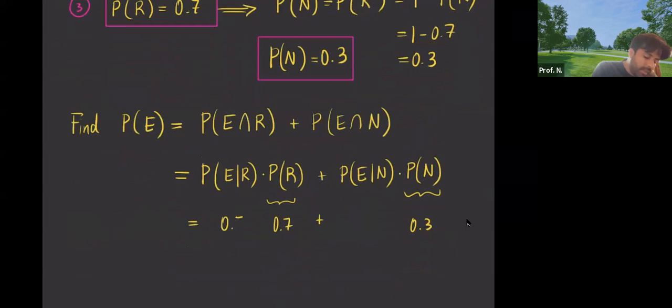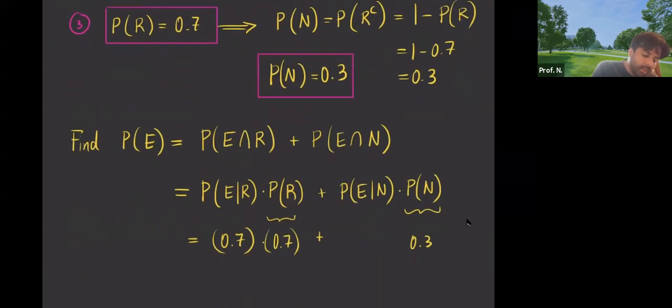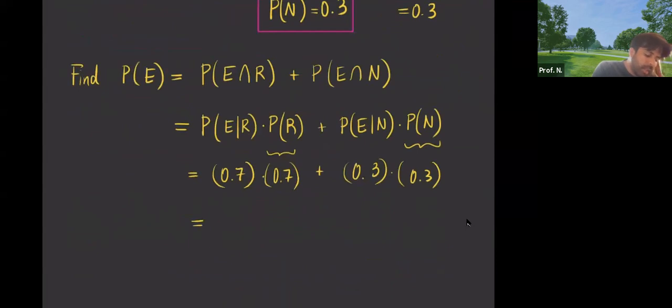So this is 0.7 multiplied by 0.7 plus 0.3 multiplied by 0.3. So what do I find? 0.7 times 0.7 is 0.49, right?